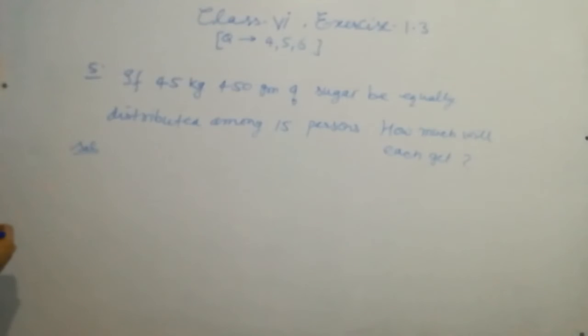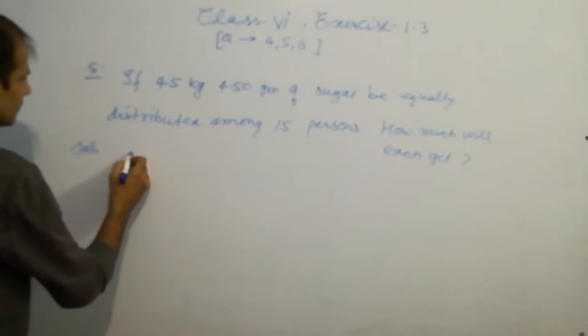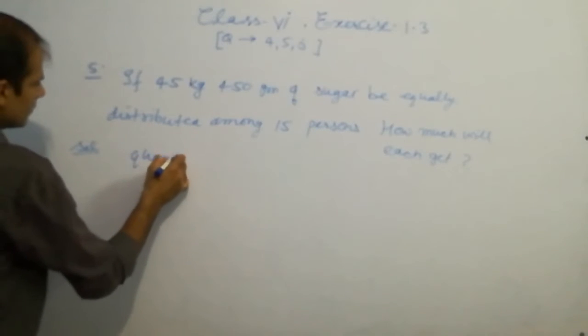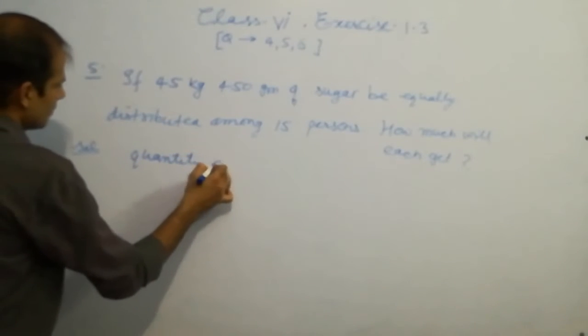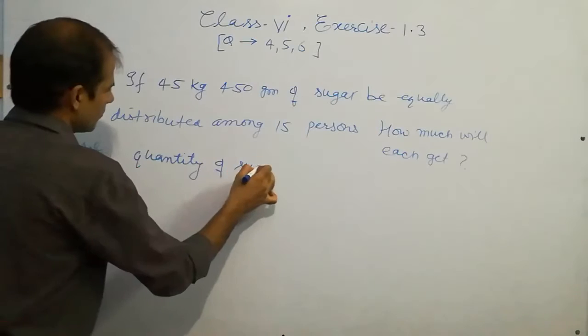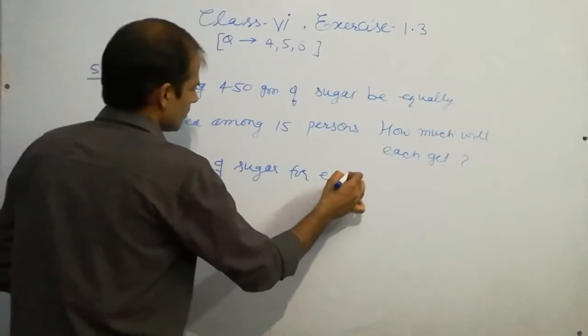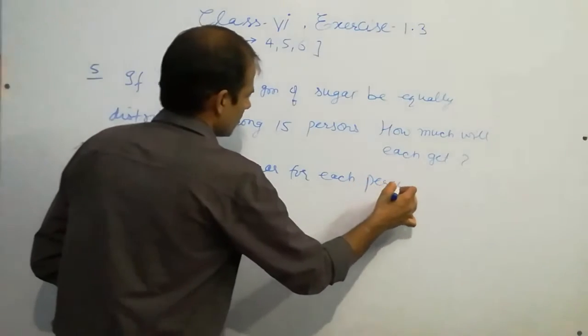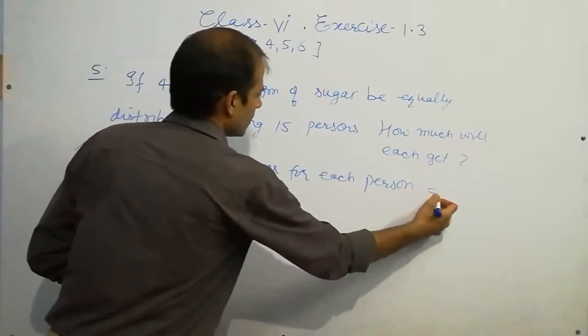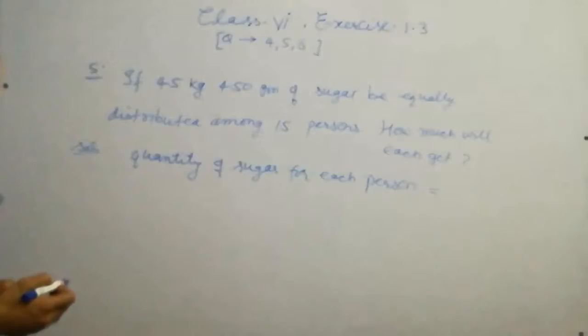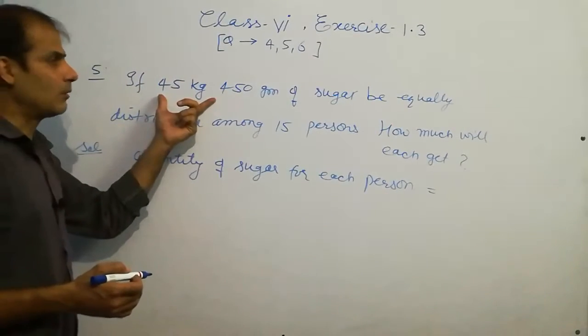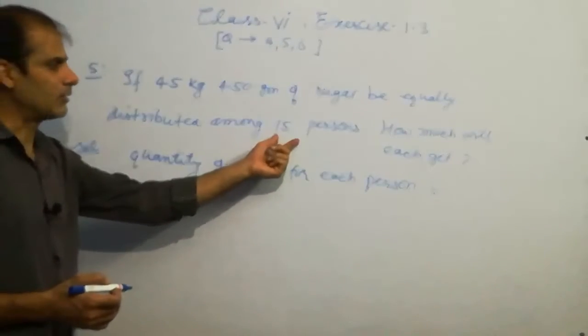So you will write quantity of sugar for each person equals, so you have to divide this number by 15.